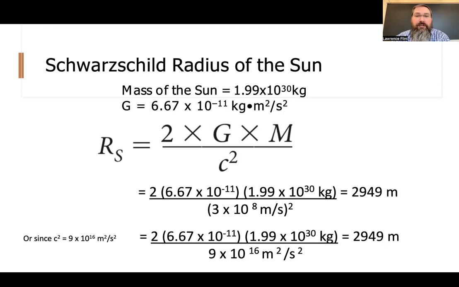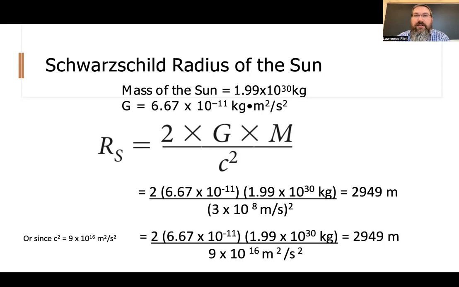And then the mass of the sun is 1.99 times 10 to the 30th kilogram, and divide that by the speed of light squared. Now, the speed of light is 3 times 10 to the 8th meters per second, but the speed of light squared comes out to be 9 times 10 to the 16th meters squared per second squared. Anytime you square something in scientific notation, the base gets squared. So for instance, 3 squared is 9.